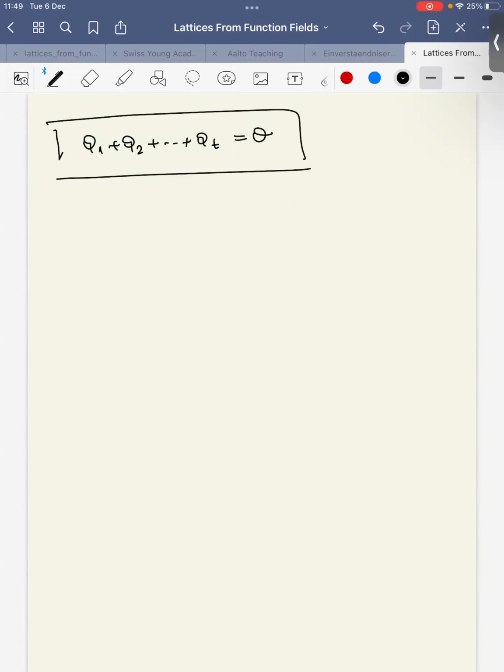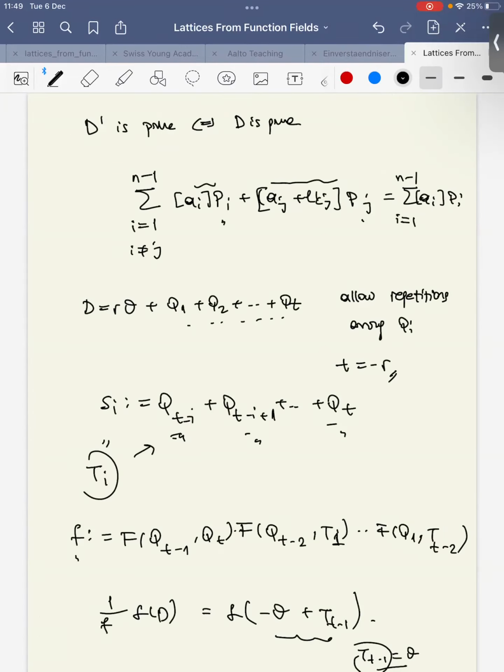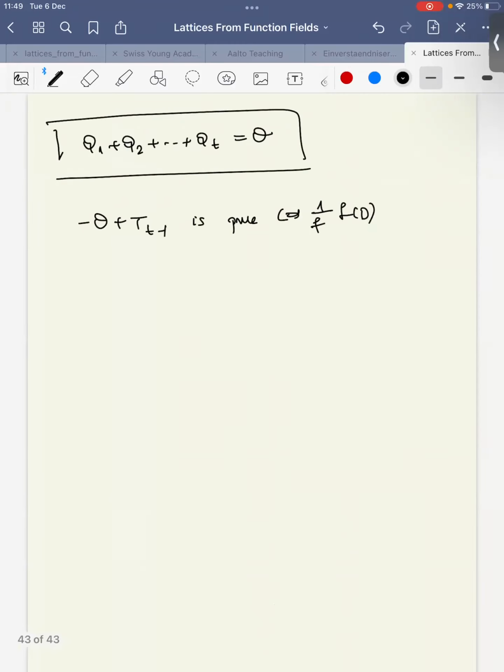And furthermore, if O plus T_{t-1} is principal if and only if 1 over f, L of D by the choice of this f is spanned by the constant 1, so L of D is indeed spanned by f.